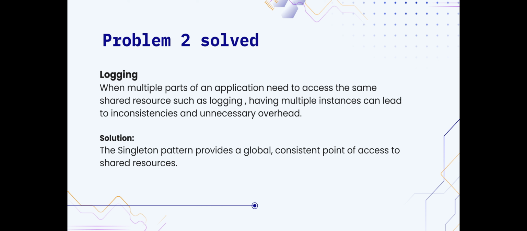Logging is basically used as a singleton because every component, when you want to debug, refers back to the logging, which is a singleton design. It provides a consistent point to access shared resources. You create one logger, then all the components can call back to the logger for consistent output.